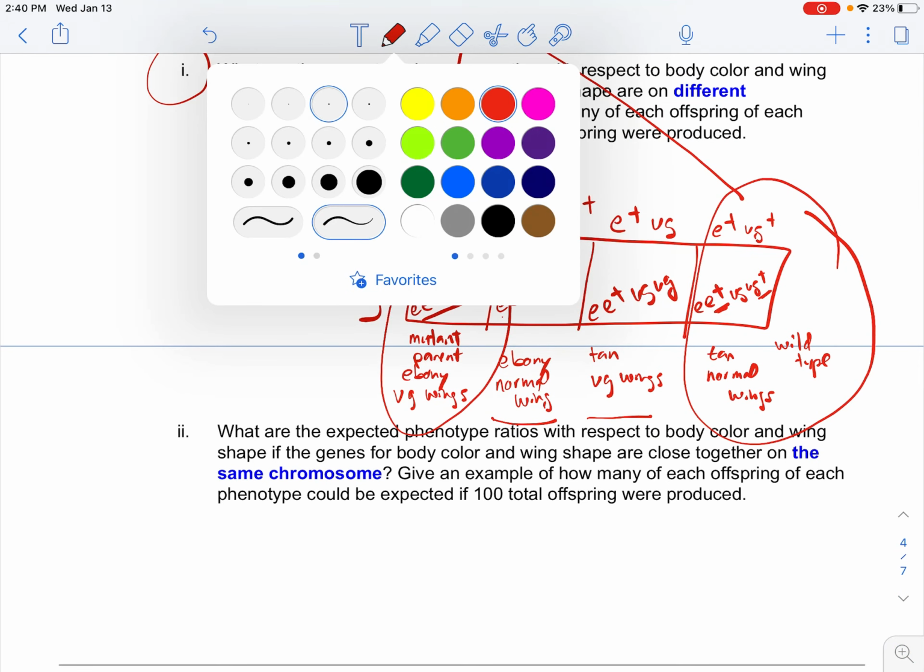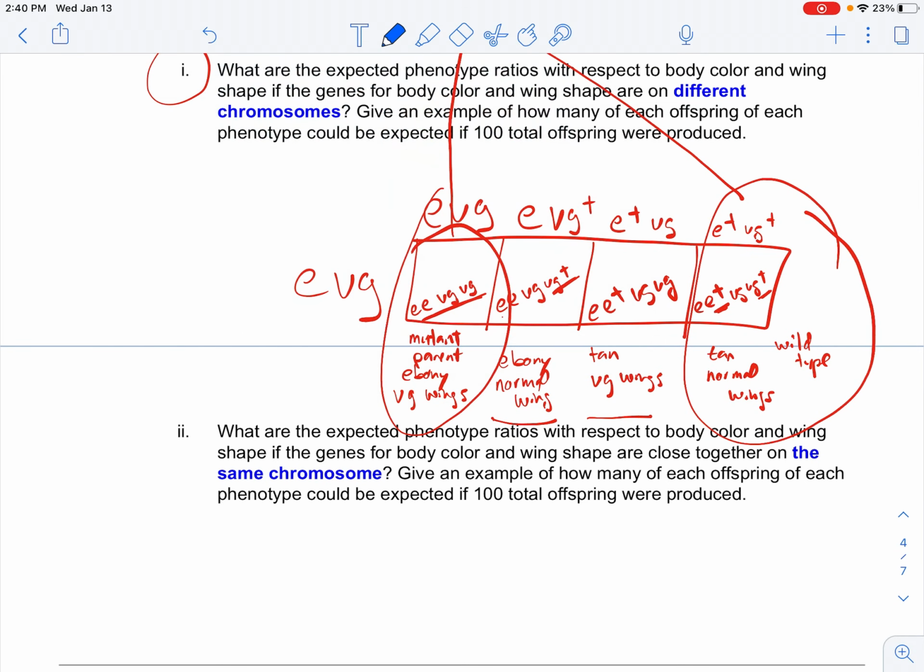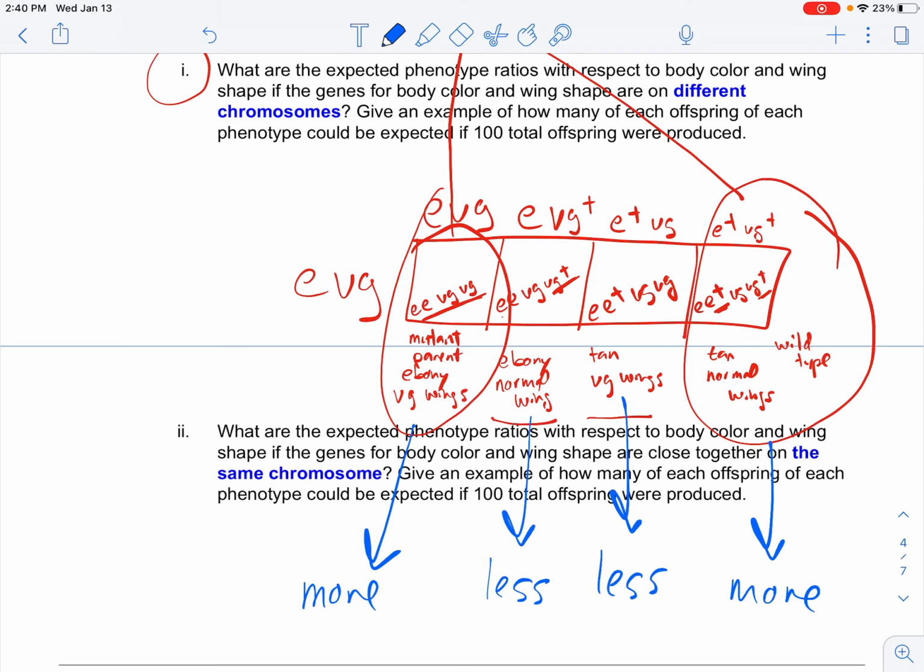If they're on the same chromosome, to answer this question, then we would end up with more of these and more of these, because they each look like one of the parents, and we'll get less of these, because the only way you're going to get those is if you get recombination or crossing over and new combinations being formed.